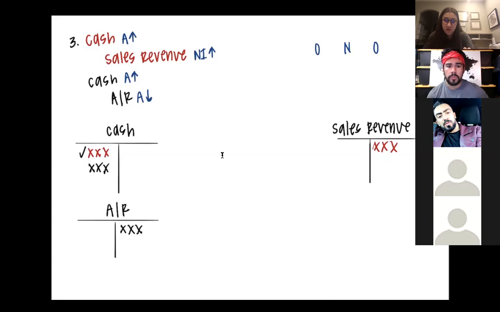What about sales revenue? Sales revenue was wrong. They shouldn't have recorded sales revenue. So you overstate net income because your sales revenue was credited when it shouldn't have been. And sales revenue has a normal balance of debit? Credit. Credit.